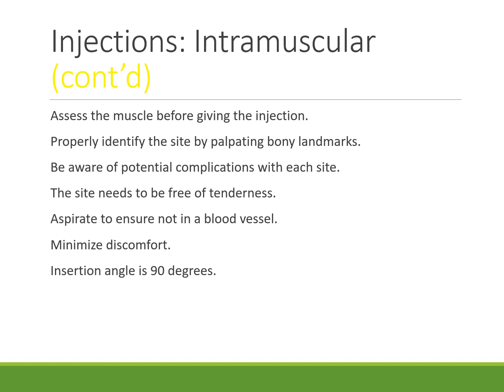So in this particular injection, you have to be very careful that you choose the right muscles, because administering the drug in the wrong muscles can also lead to possible complications and malabsorption of the drugs.